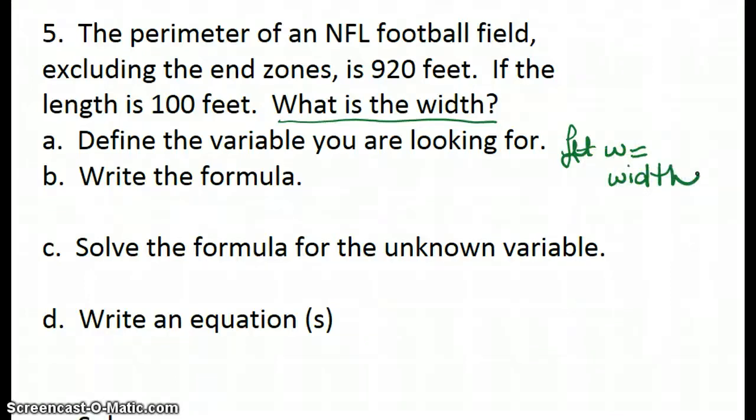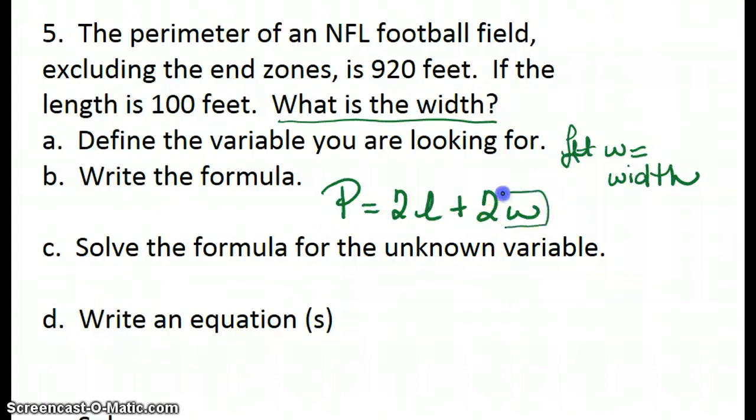Okay, and our formula for this is perimeter equals 2L plus 2W. Now we're going to solve this for W so that we can work with this a little clearer. So I'm going to come down here and rewrite this. P equals 2L plus 2W. Subtract my 2L from both sides.